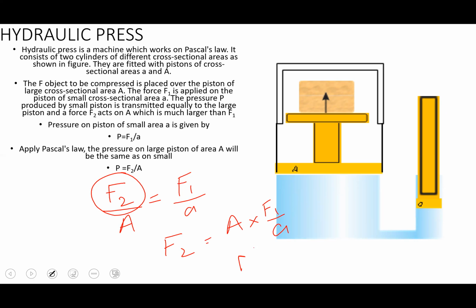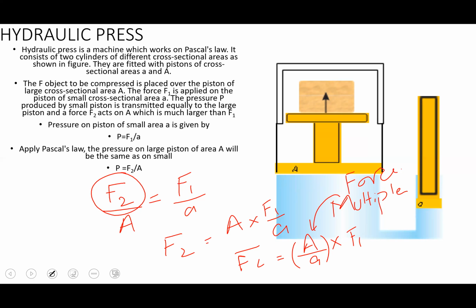If we rearrange this equation, F2 is equal to capital A divided by small a, multiplied by F1. Now, this ratio is known as the force multiplier. That means it is increasing the force, because we are applying a very small force on one side of the piston and we are getting a very large force on the other side.